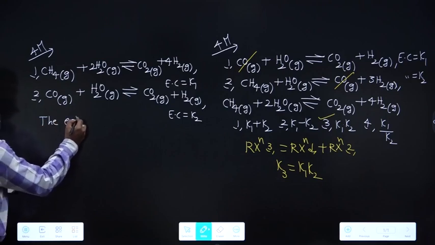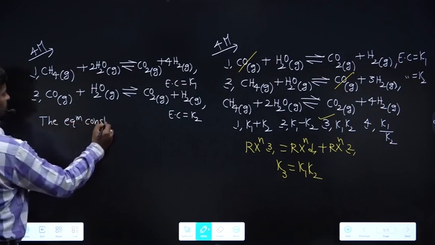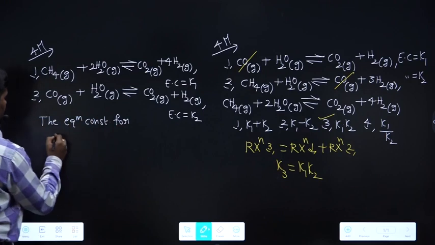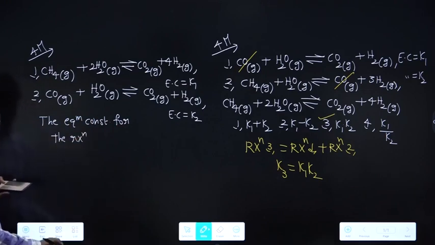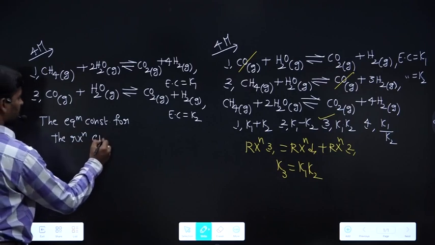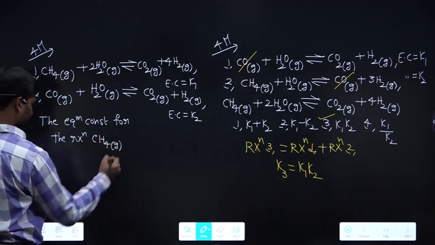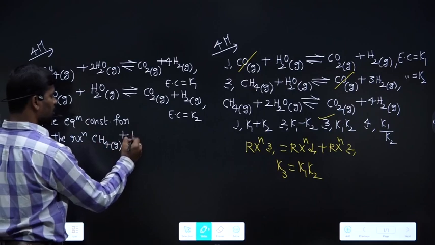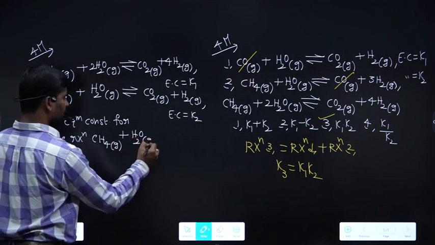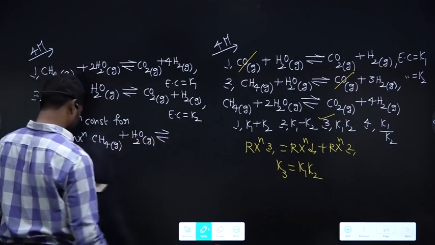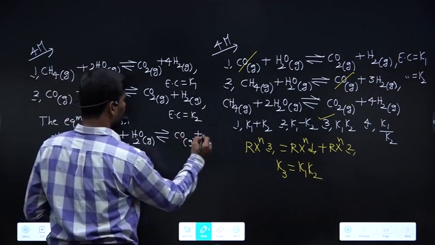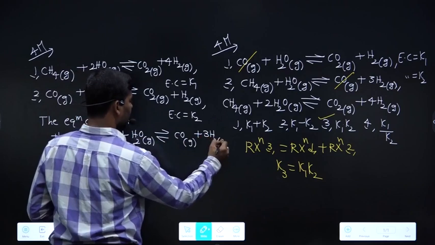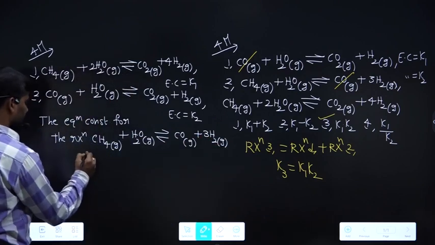The equilibrium constant for the reaction CH4 gas plus H2O gas gives CO gas plus 3H2 gas is?